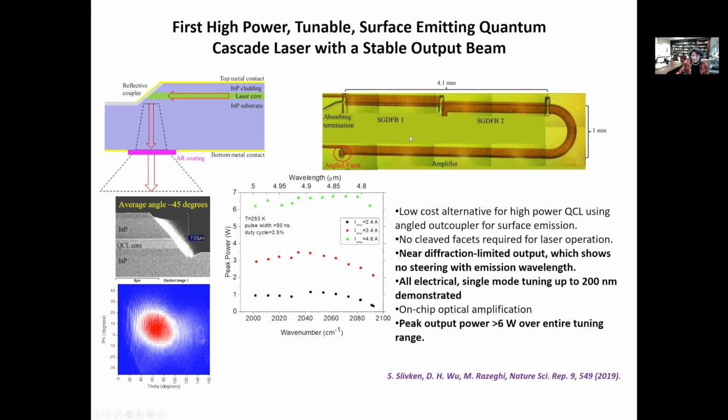Exactly as you can see again, we have the sample grating DFB1, sample grating DFB2, and the amplifier that is the low-cost alternative for high-power QCL using an angled outcoupler for surface emission.